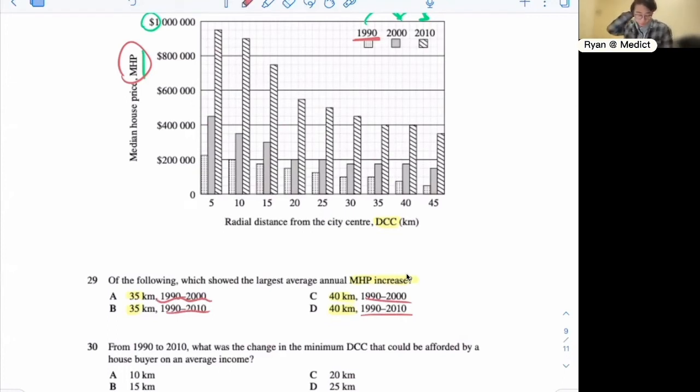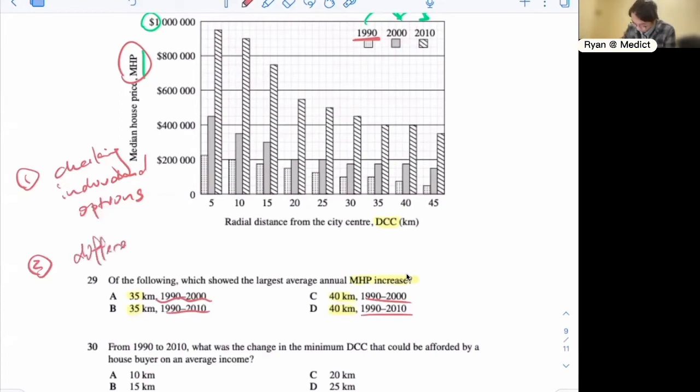So really there are two ways of doing this question. The first way is the dumb way: we check the individual MHP increase for each of the options. But that takes time. So what's a smarter way? The smart way is to look at the difference between options, and use these differences to deduce what is likely to be the correct answer.